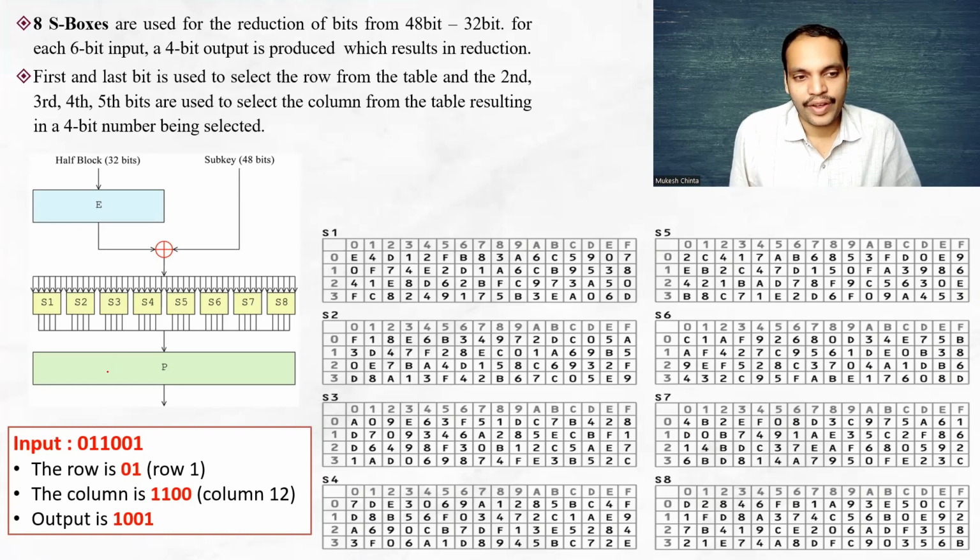Okay. So for an input which is 6 bits in length, 0, 1, 1, 0, 0, 1. Let me assume that I am giving this input to S1. For S box 1, what you do is you take 0, 1, 1, 0, 0, 1. The first bit and the last bit, these two form the row, and the remaining 4 bits in between form the column.